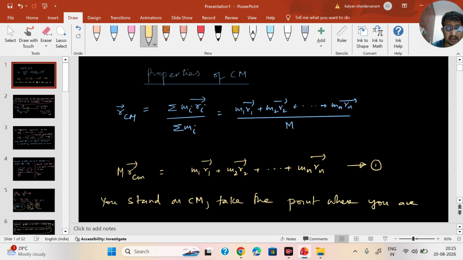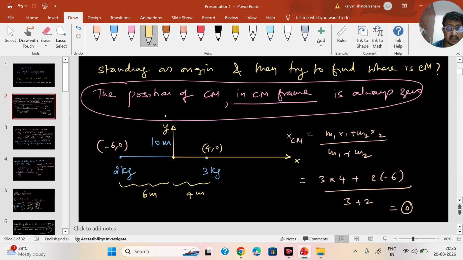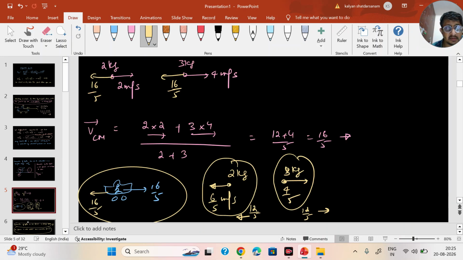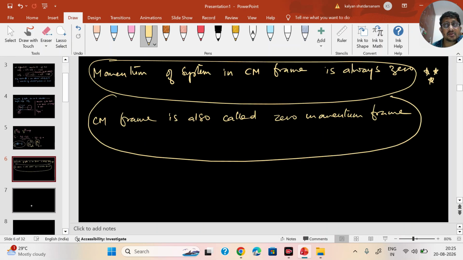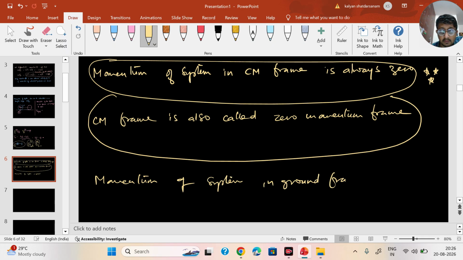So the position of center of mass in center of mass frame is zero. Then momentum of system in ground frame is total mass into velocity of center of mass. Let me write that also. Momentum of system in ground frame is total mass into velocity of center of mass in ground frame. You can even generalize this.